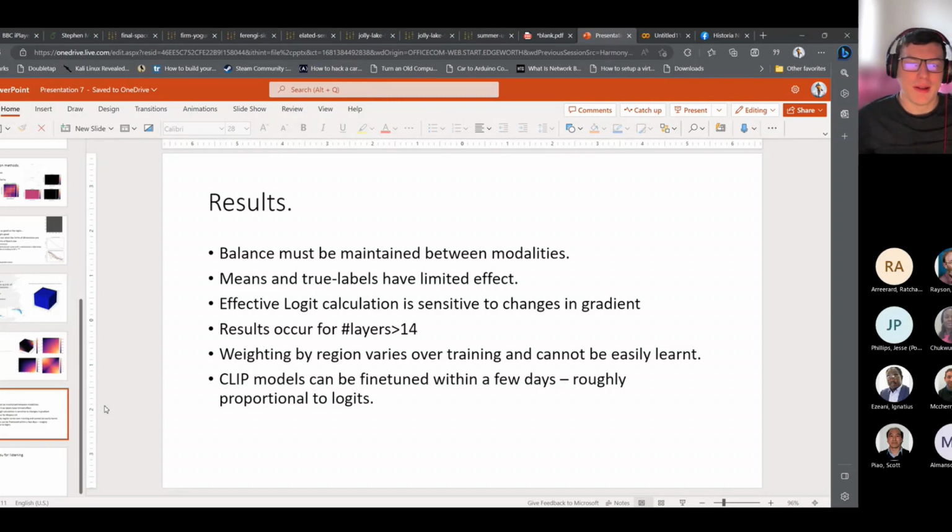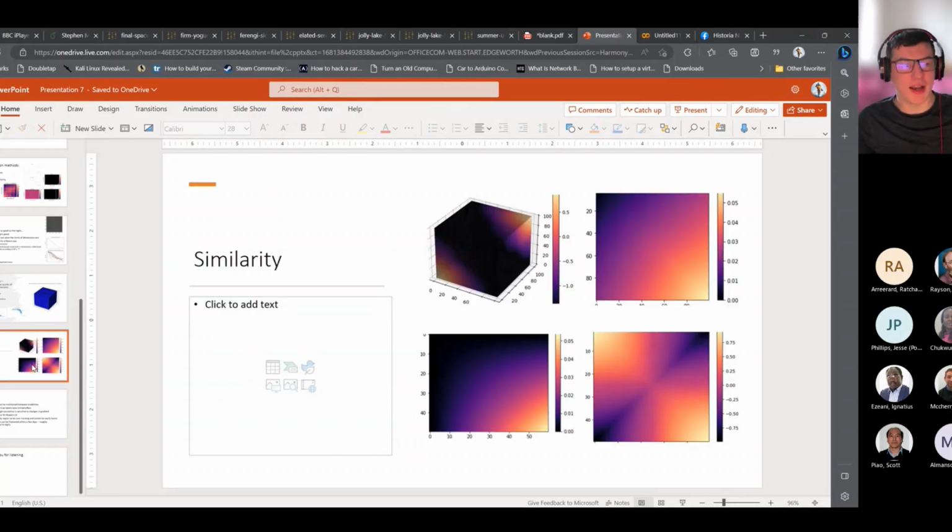The next takeaway point that I've got is that effective logic calculation is sensitive to changes in gradient. If we go back to this graph of different similarity metrics, the difference between bottom left and top right is incredibly significant when you start to apply it to gradients, where you can see the bottom left has quite a steep curve into that corner, and it's much more gentle in the top right, which is actually the function I'm using.